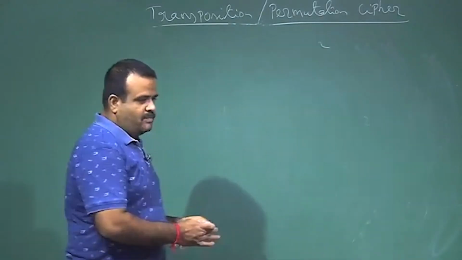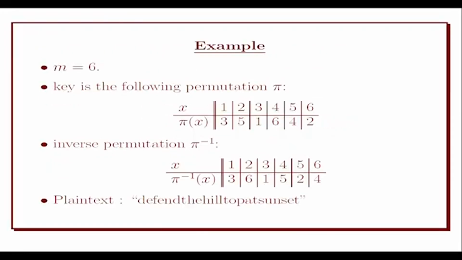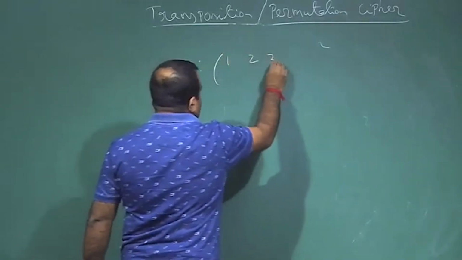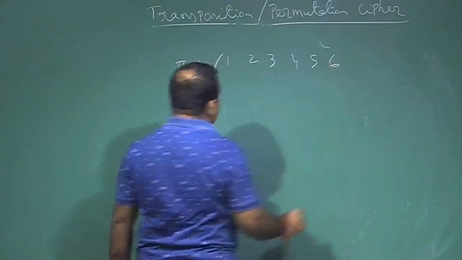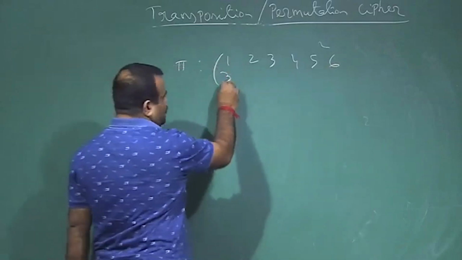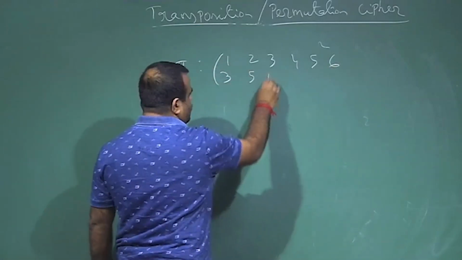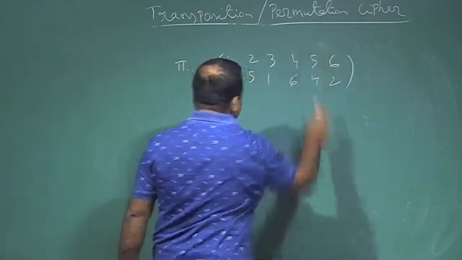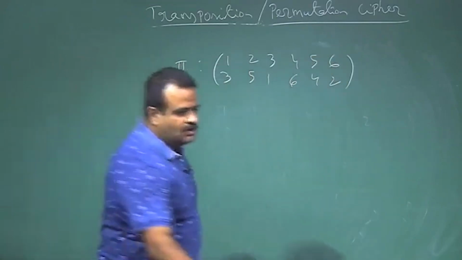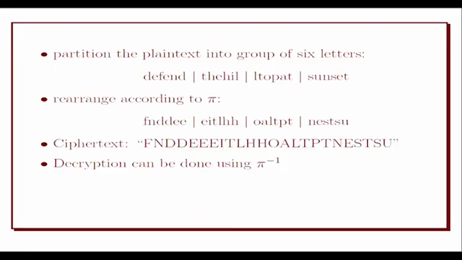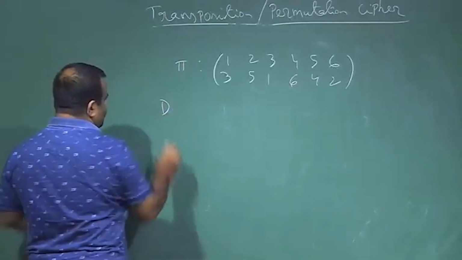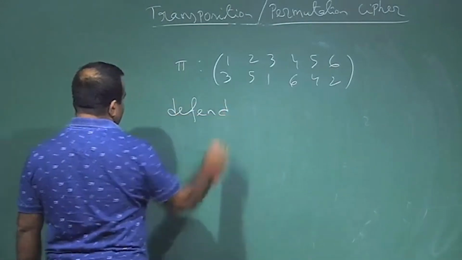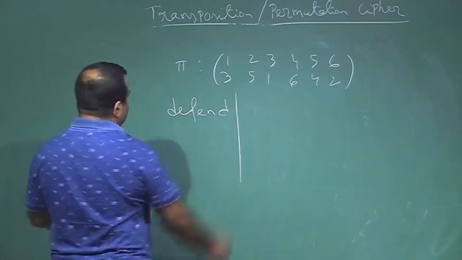So, let us take an example. Coming back to our permutation, it is 1, 2, 3, 4, 5, 6, mapped to 3, 5, 1, 6, 4, 2. Okay. So, this is our permutation. Now, if we take this block, D, E, F, E, N, D, this is the first plaintext block.